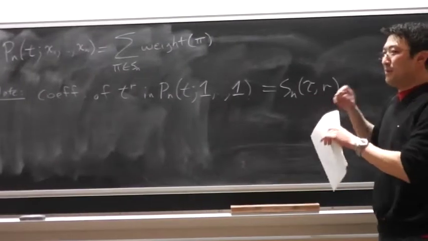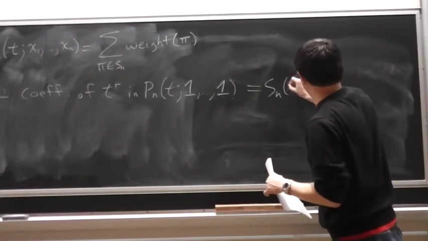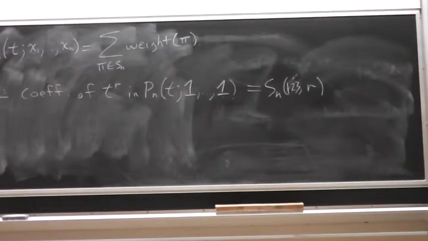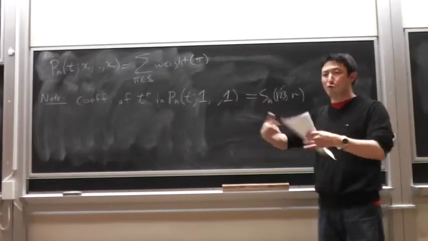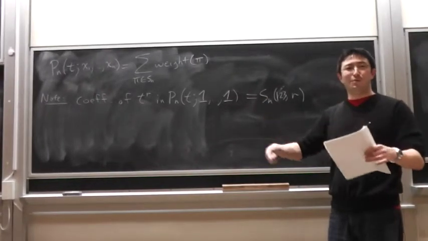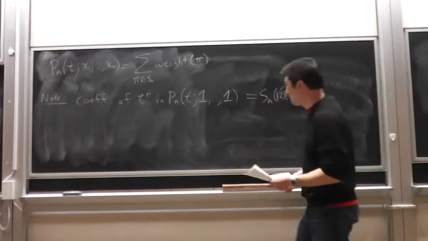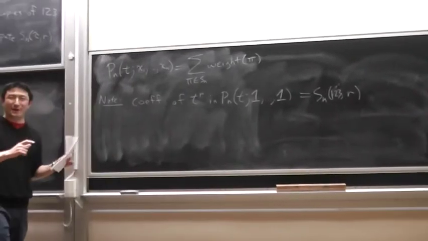Tau is 1, 2, 3. And so this is one of these rare occasions in math where you take something, make it more complicated, make it even more complicated, and then somehow that helps you simplify things in the end. So you take something simple and make it uglier and uglier, and then somehow this helps us.